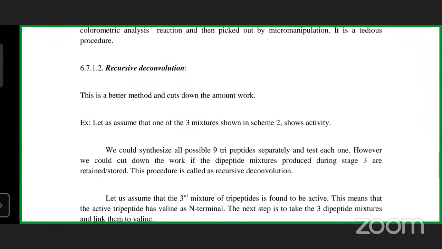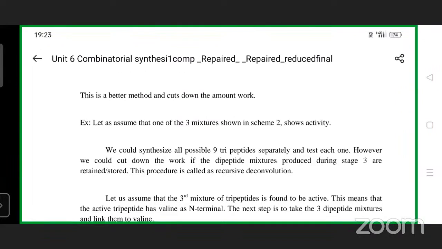In micro manipulation we tested all the synthesized compounds, but in recursive deconvolution that is not repeated here. So this is a better method, and it cuts down the amount of work here.